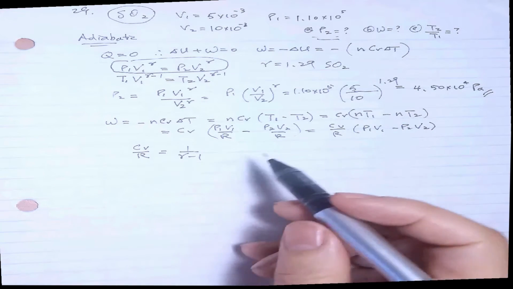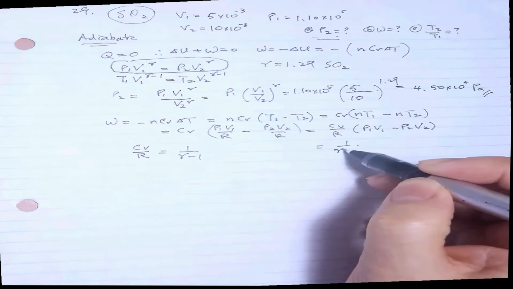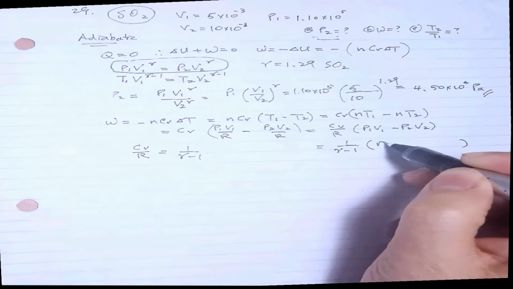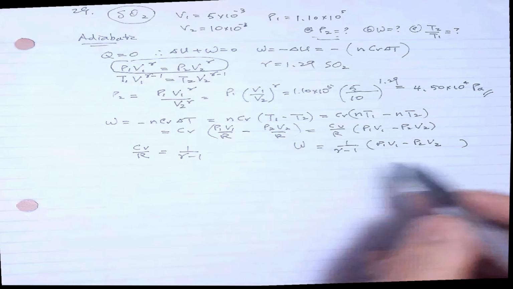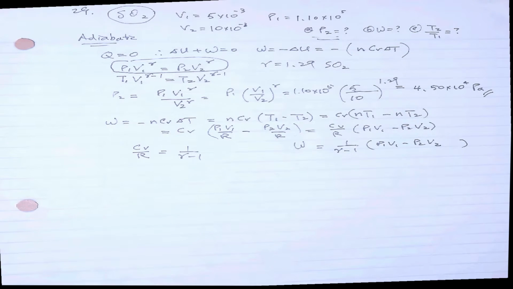So you may have to remember that. So this is 1 over gamma minus 1 times P1V1 minus P2V2. That's the work done by adiabatic processes.